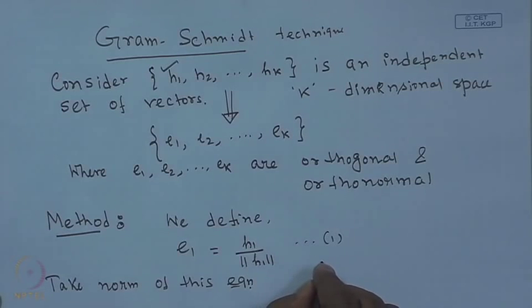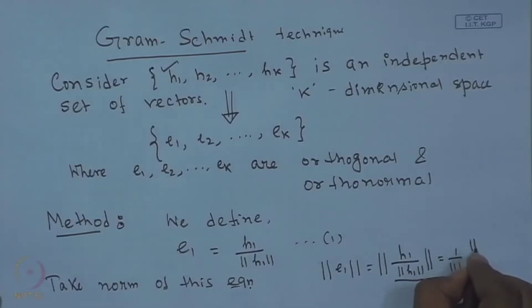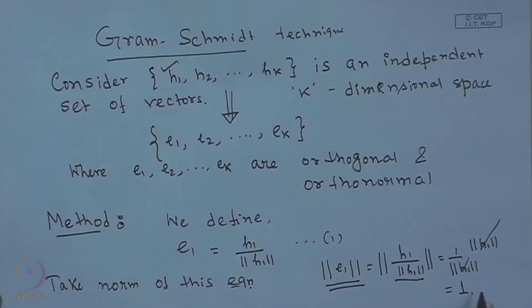What we will be getting is that the norm of E 1 is nothing but norm of H 1 divided by norm of H 1, and norm of H 1 is nothing but a scalar, so it comes out of this norm, you just remember the properties of a norm. These two are scalars, they will cancel out. So, the norm of E 1 turns out to be 1. Therefore, this transformation ensures that the norm of vector E 1 will be unity. So, we made E 1 orthonormal.